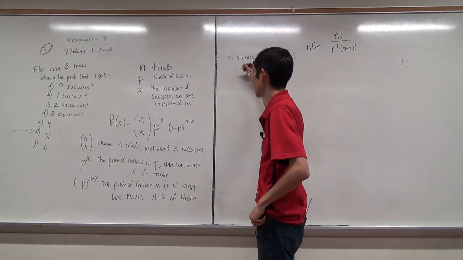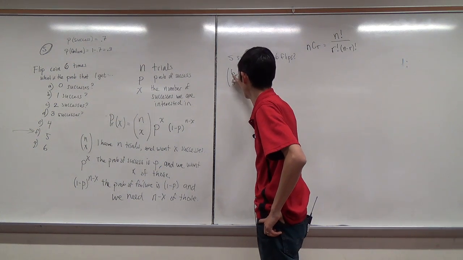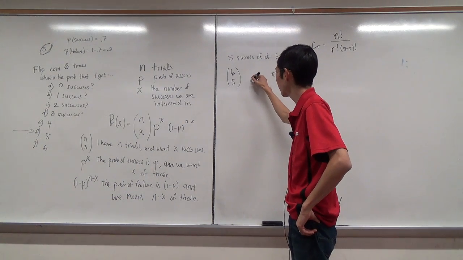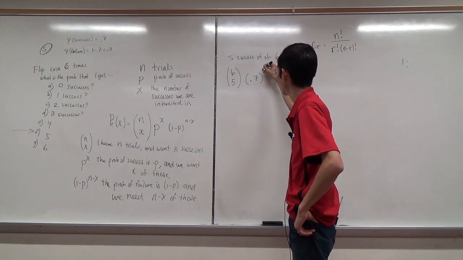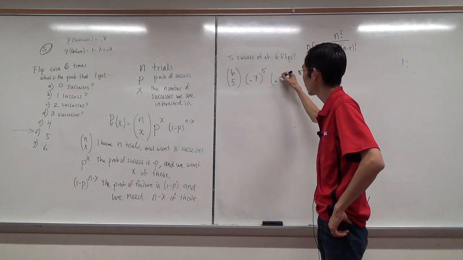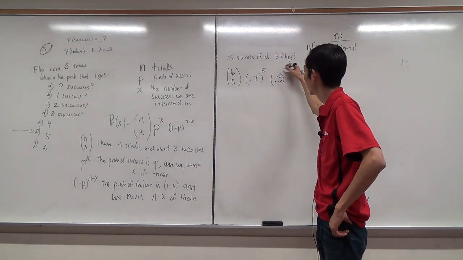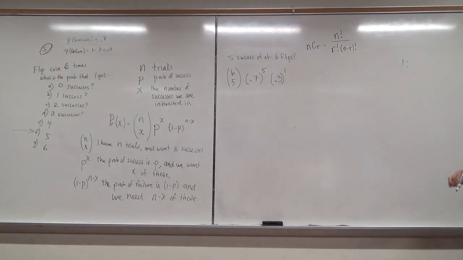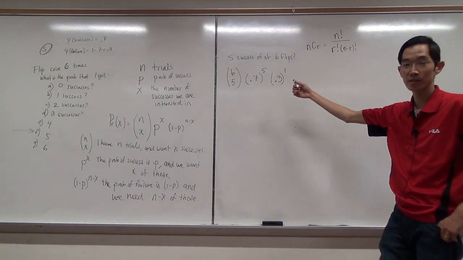Alright, so here I have 6 flips and I want 5 successes. The probability of a success is 0.7, and how many of those do I need? 5. The probability of a failure would then be 0.3, and how many of those do I need? 1. Okay. So this is the probability of getting 5 successes out of 6 coin flips.